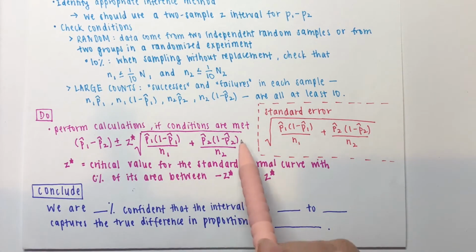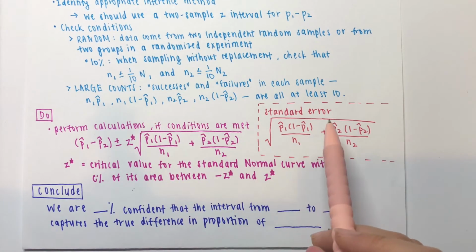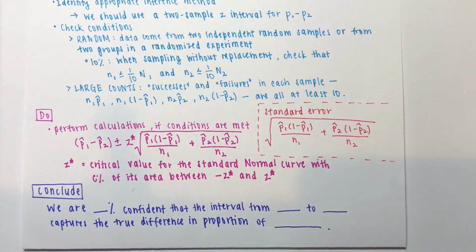As a reminder, this part of the formula is just a standard error. Finally, to conclude, you can use this sentence frame here. Be sure to mention the context of the question.